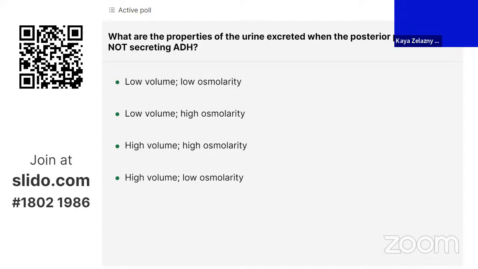So what is urine going to look like in the case that we are secreting ADH? What is it going to look like when it's not secreting ADH? So we're going to answer here. What's our baseline state? If we don't have a signal going to the posterior pituitary, what would we expect the urine to look like?